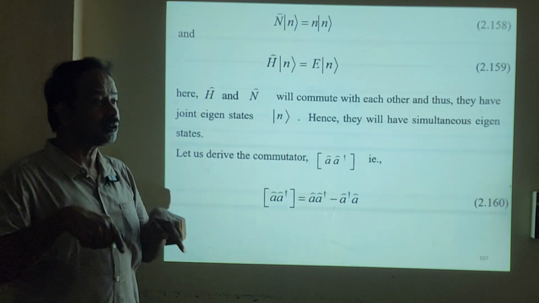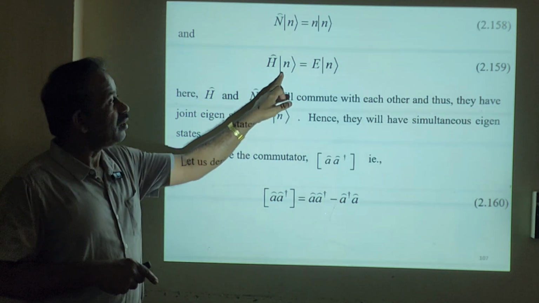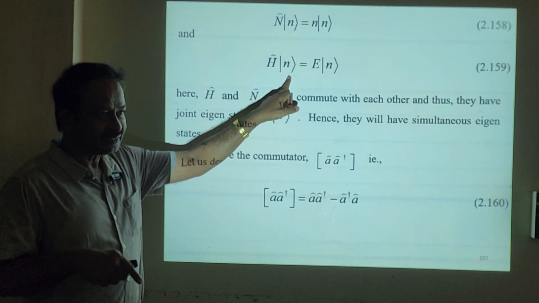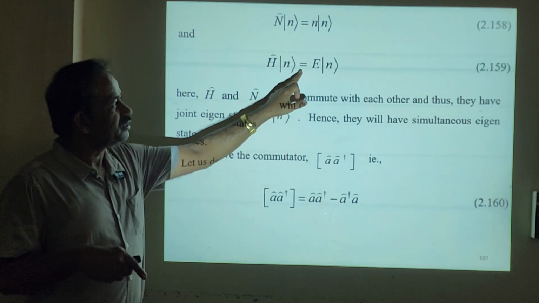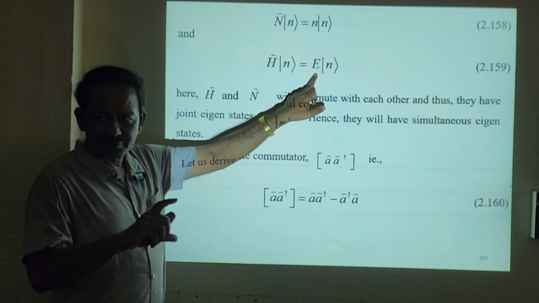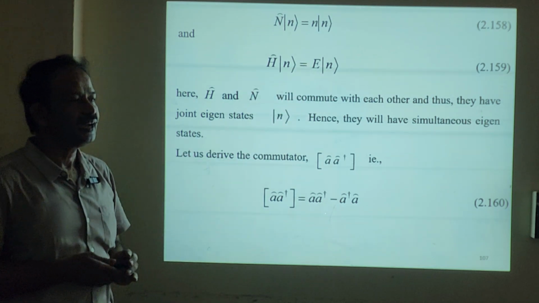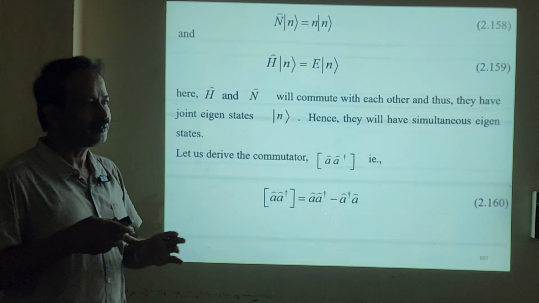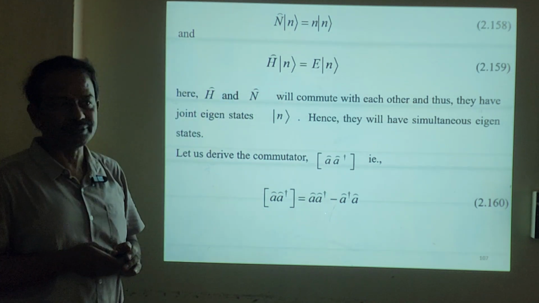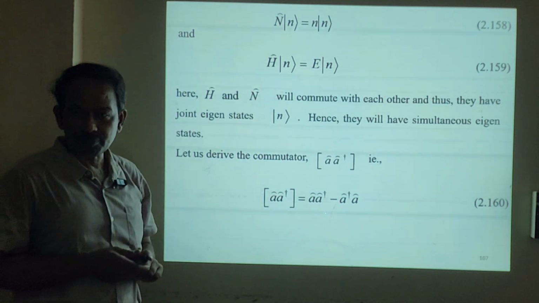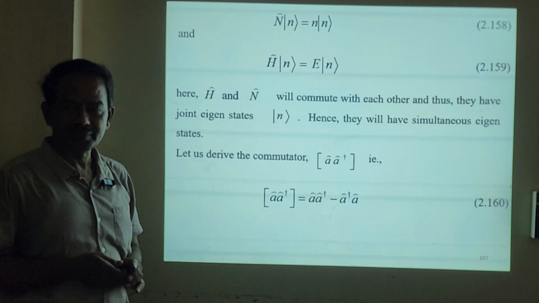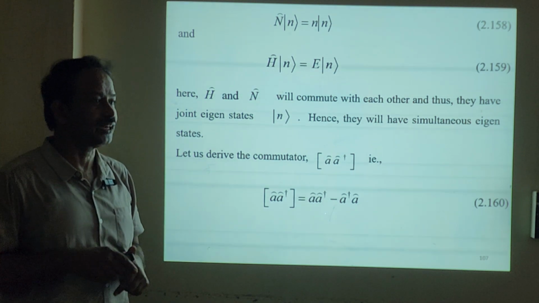Similarly, the Hamiltonian operator, H operator, operates on the eigenket. So that will give you the energy eigenvalue with the eigenket. Is it okay? Now look at these two eigenvalue equations. One is for the number operator, another one is for the Hamiltonian operator.